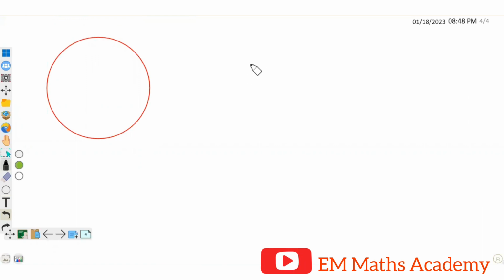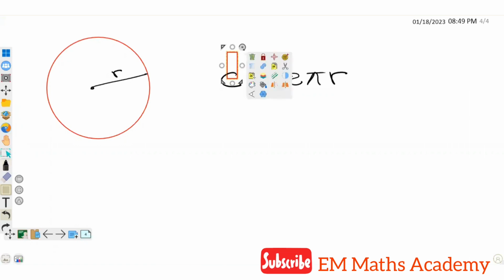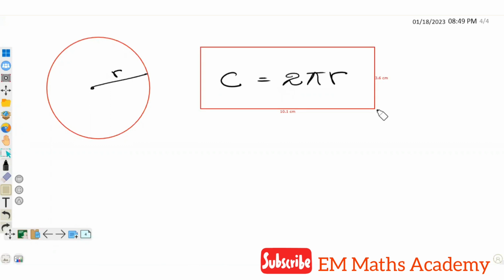If the radius of the circle is r, then the circumference, given by capital C, is found by 2 pi r. This is the formula that we use to find the circumference of a circle.